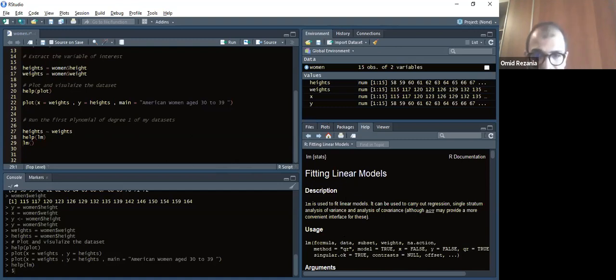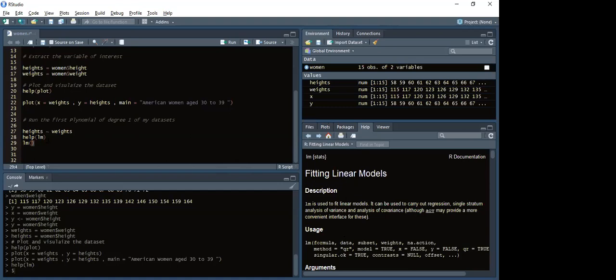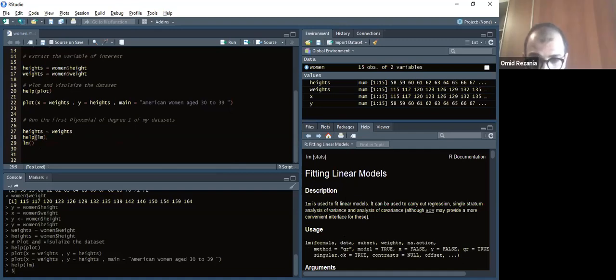Do you have it, Laura? Yes. Okay. If you go to see the help, you see that you have two things which are crucial, formula and data. We only use these two arguments today. These two arguments are essential. Now, in order to do that, you just go back into the lm function.